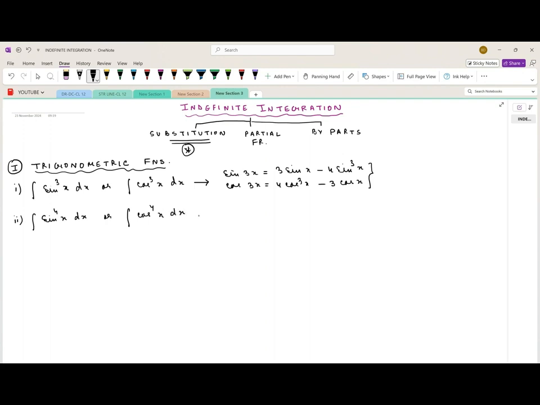In such a case, you will use the sub-multiple angle formula, that is, 1 plus cos 2x equal to 2 cos square x, and 1 minus cos 2x equal to 2 sine square x.